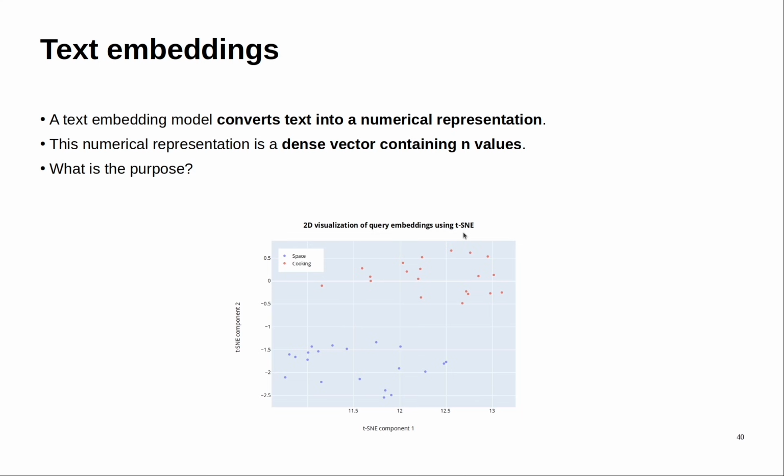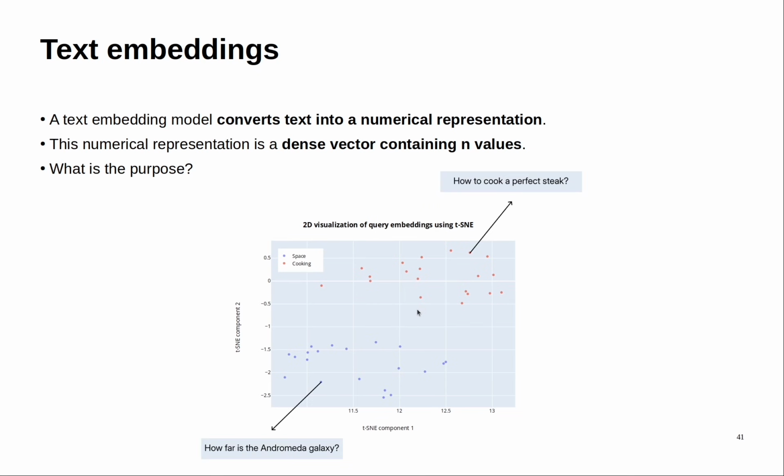visualize the data. As you can see, there are two clusters. The blue dots represent the space sentences and the red dots represent the cooking sentences. The model I used did a good job. It placed similar sentences close together and pushed different ones farther apart.